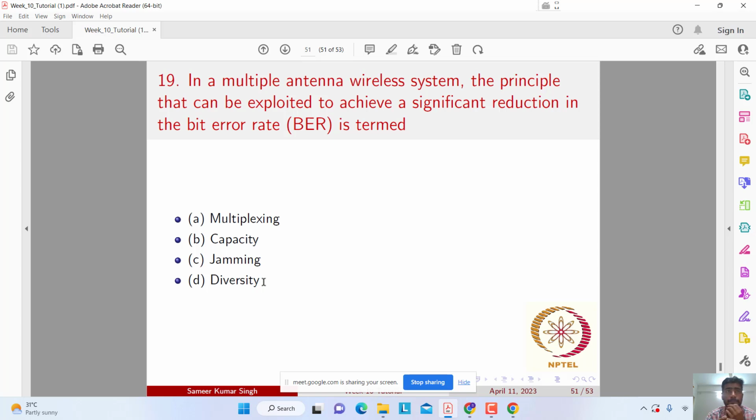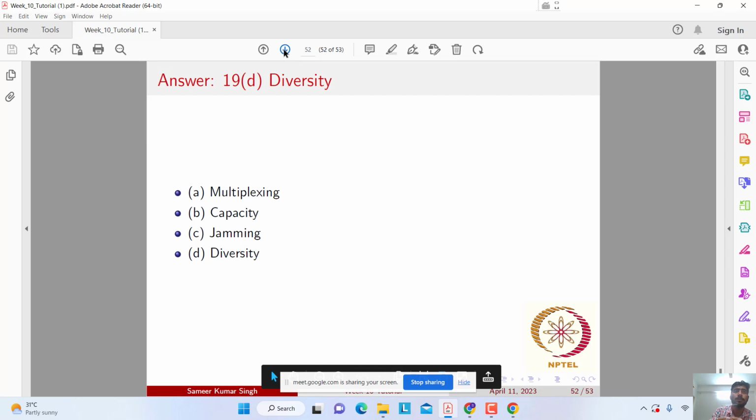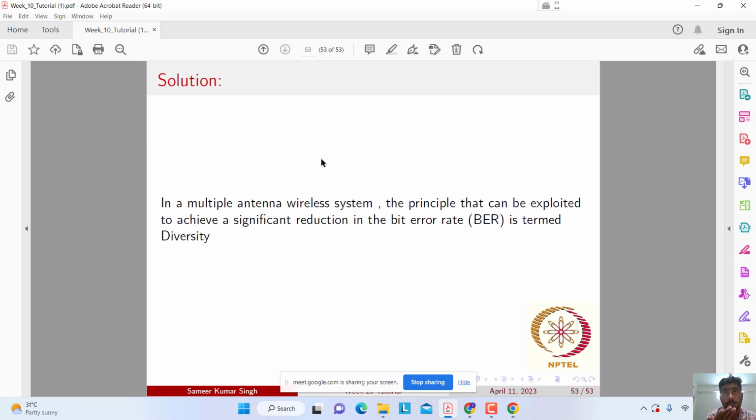We have time diversity and lots of other examples of diversity. So the answer for 19 would be D, diversity. By using diversity, we can improve our SNR, and if our SNR is improved, definitely our bit error rate would be reduced.